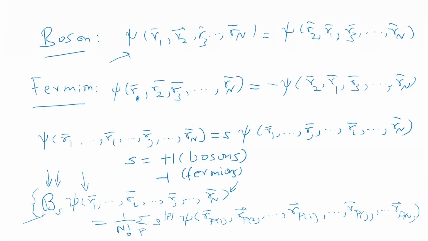So the symmetry gets spoiled, and what you have to do is use your symmetrization script B operator, which I described here, in order to restore the appropriate symmetry.